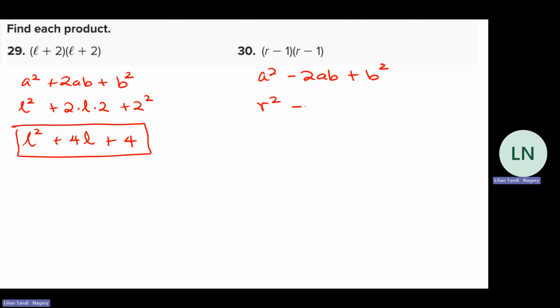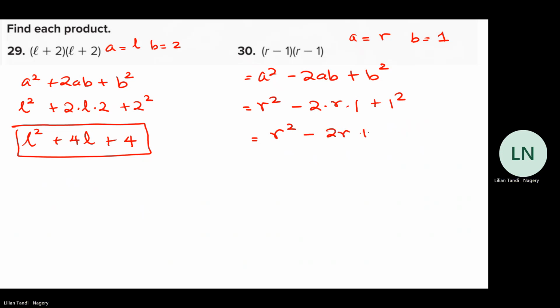R squared minus 2 times r times 1 plus 1 squared. A is r, b is 1. A is L, b is 2. R squared minus 2r plus 1.